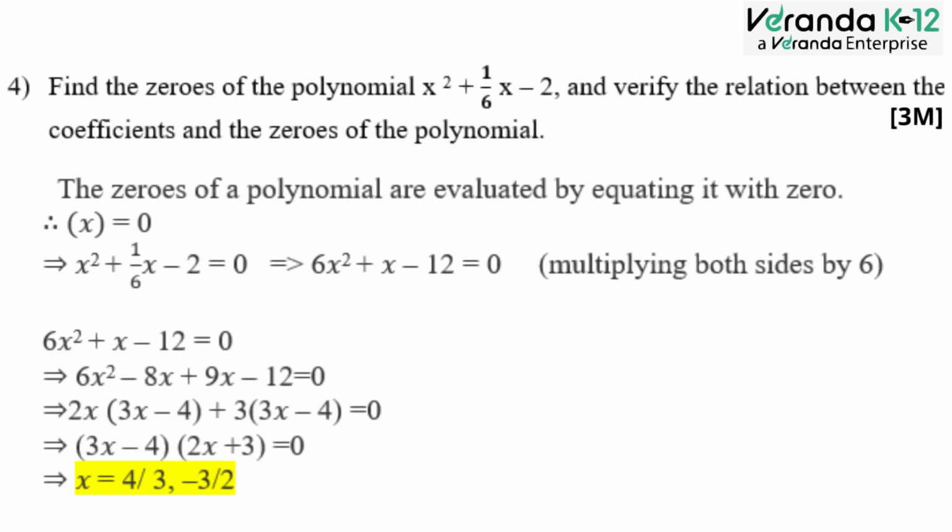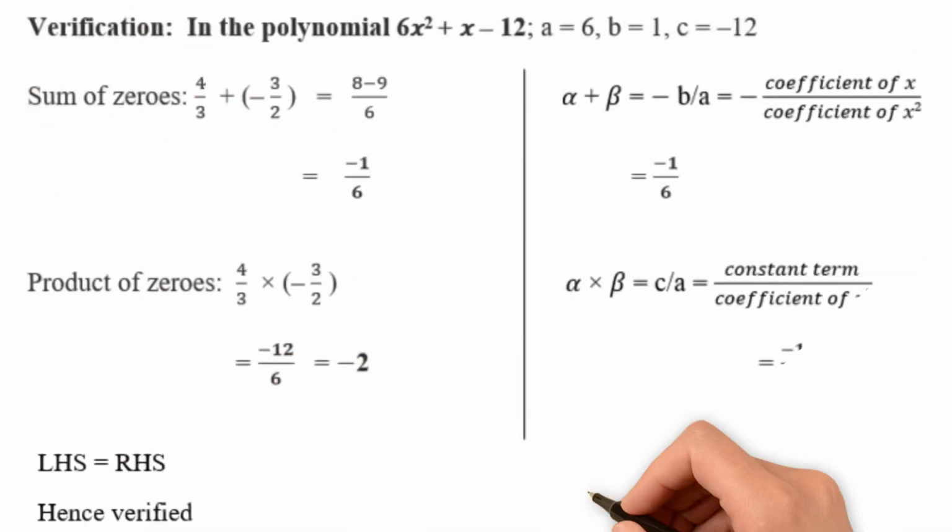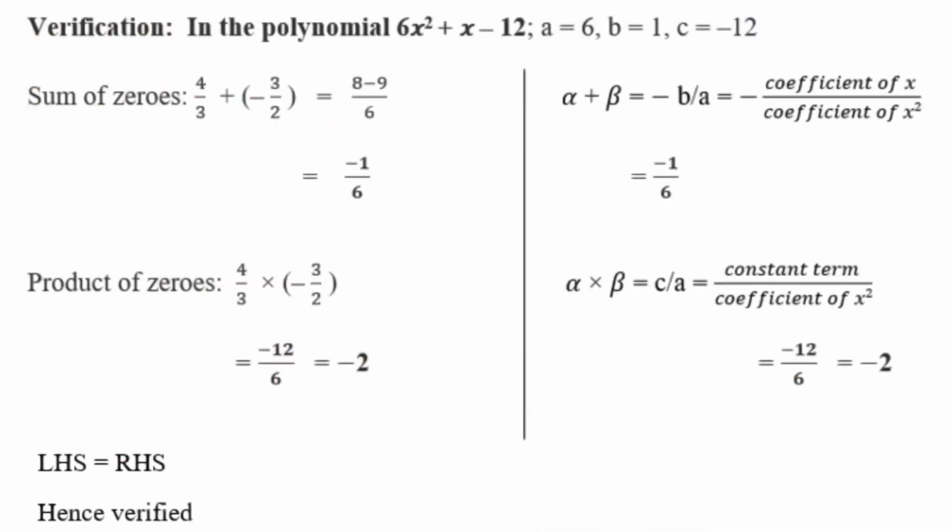Now one part of the question is solved. Let us move on to the other part, the verification part. Here on the LHS, we will write the sum of zeros. 4 by 3 plus minus 3 by 2, we got minus 1 by 6. And product of zeros, we got minus 2. Now on the RHS, we have to write it in the coefficient form.